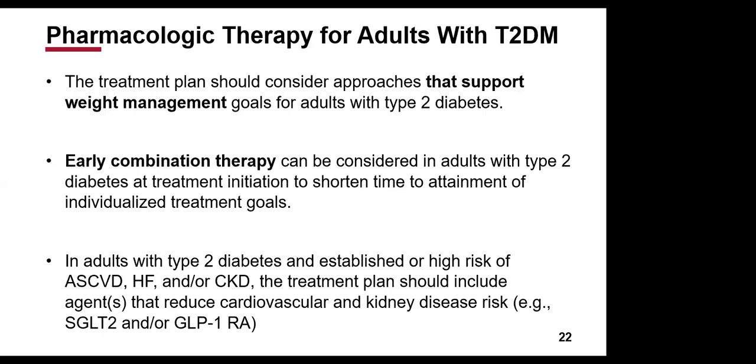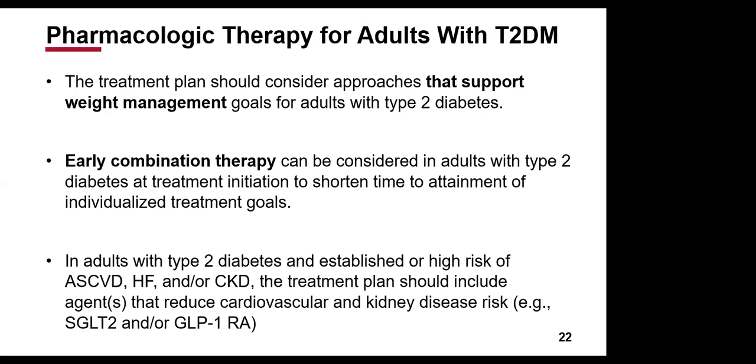If you need to achieve your target within a short time, you can consider early combination therapy, especially for those who come in with high glucose levels. For patients with a high risk of atherosclerotic cardiovascular disease, heart failure, or CKD, you should use agents that have been shown to reduce the risk of cardiovascular or kidney disease.